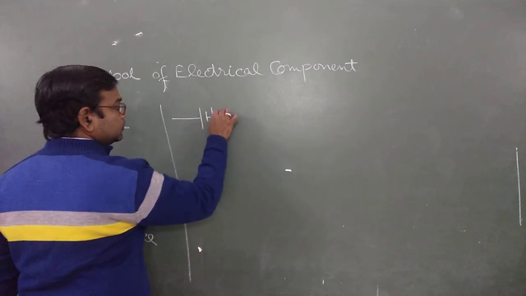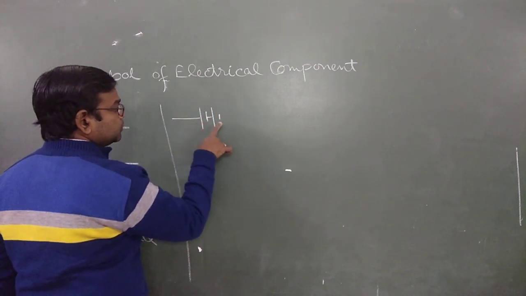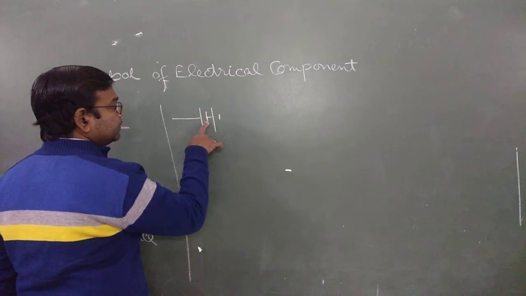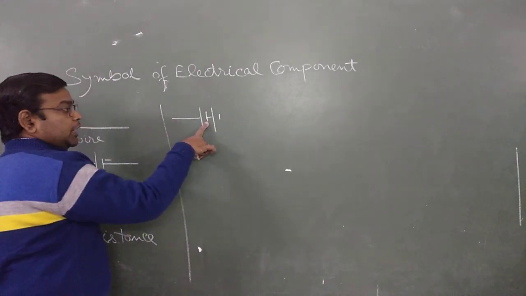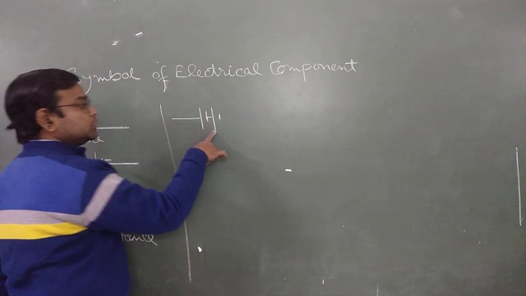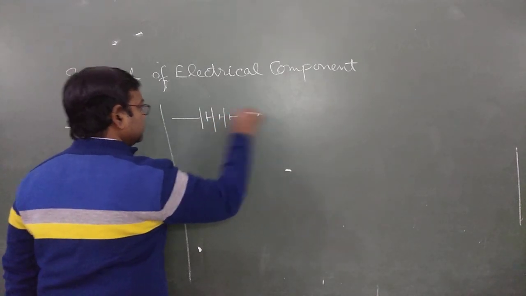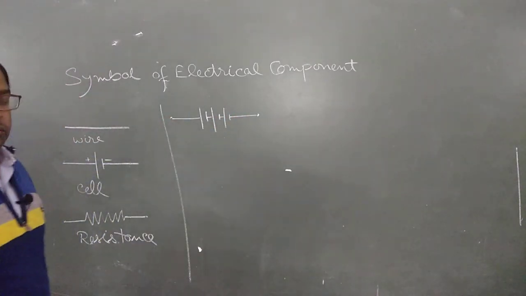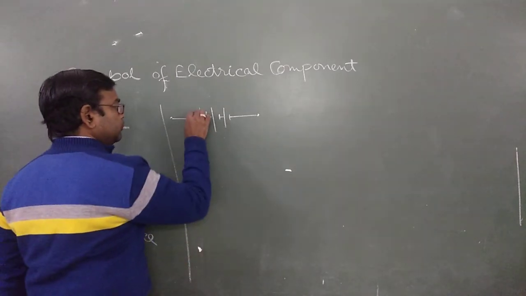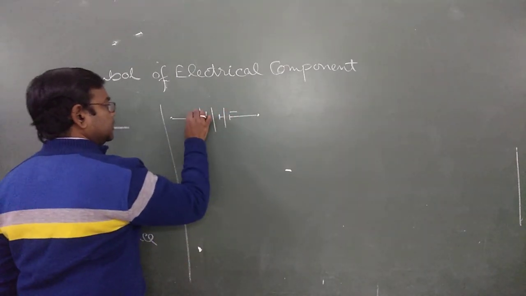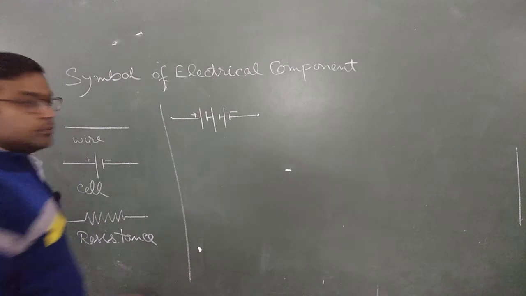This is for one cell, this is for other cell, negative terminal of first cell attached with the positive terminal of the second cell, likewise in case of third cell, and so on. All together we have plus sign and minus terminal. Clear?